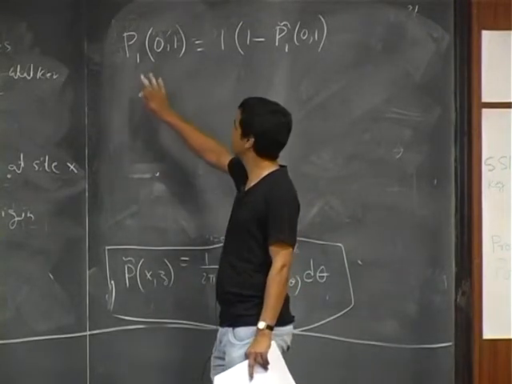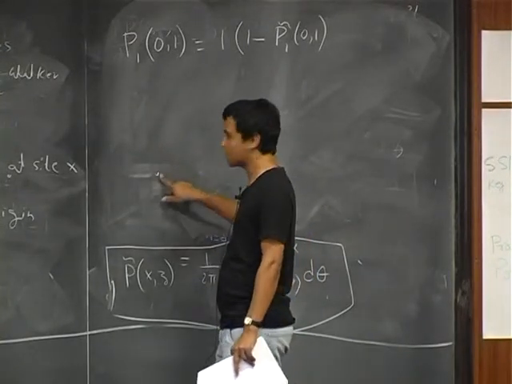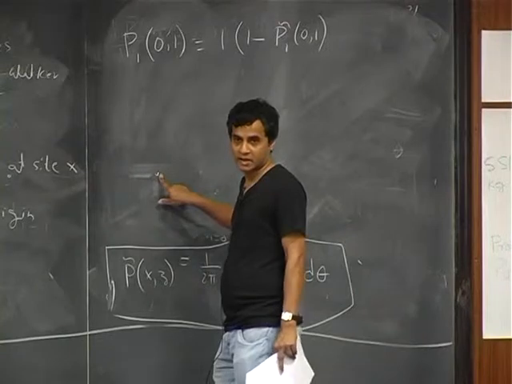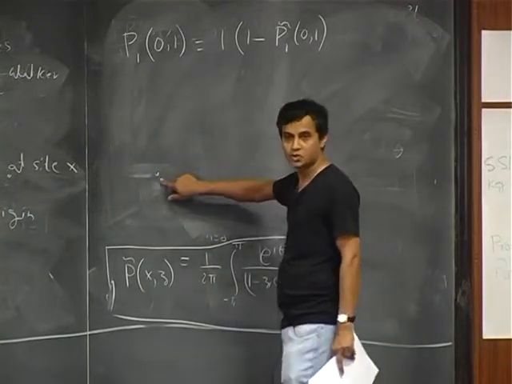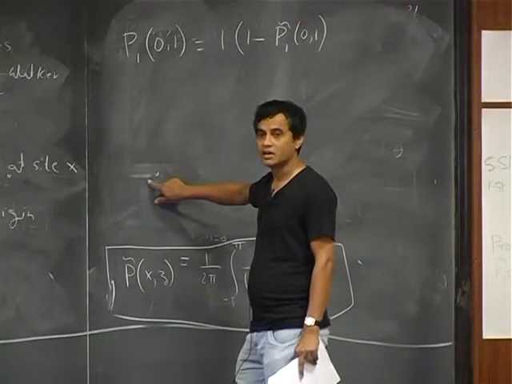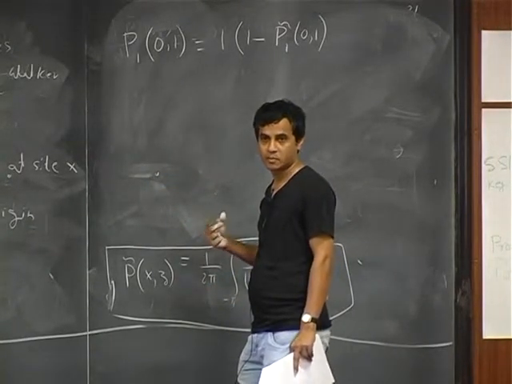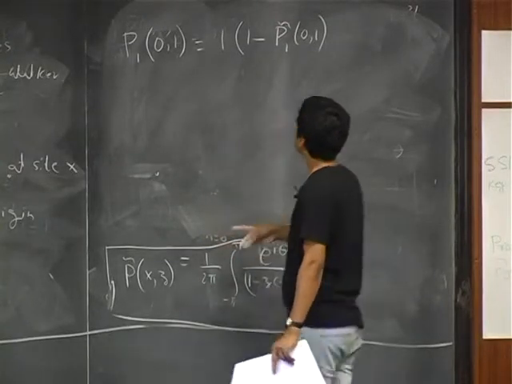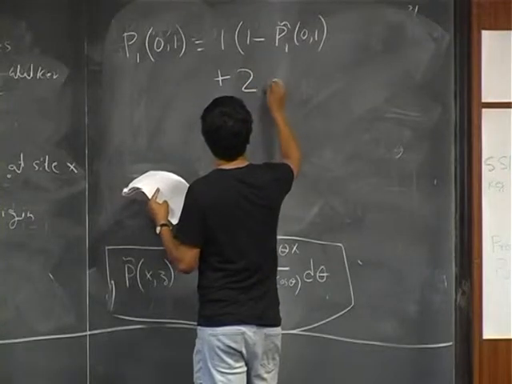I want to find the mean number of visits to the origin. It's possible that it comes back once and then never comes back, or it comes back, let's say, twice, and then it never comes back. Let me just write, and then let's say 2 probability.